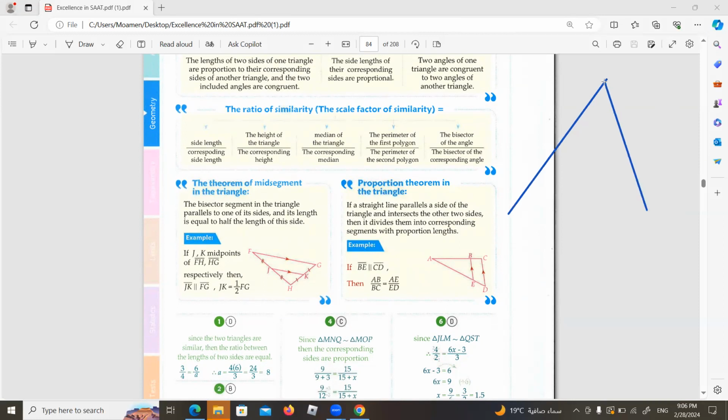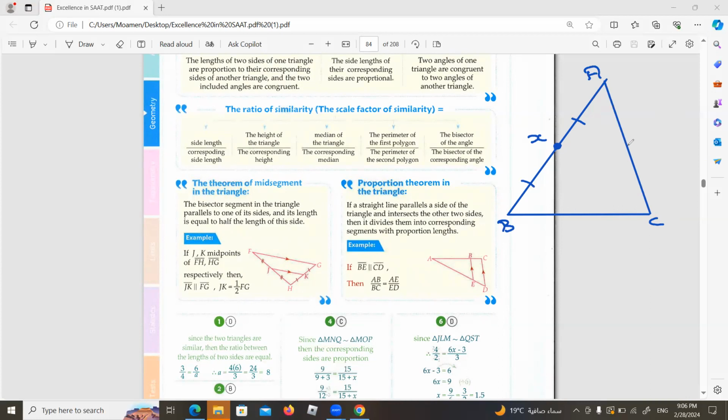So I just draw a triangle like this. We're going to this triangle and I get the midpoint of the side AB. So I just write a point here, and this is the midpoint. I name it X, the midpoint of AB. It means AX equals BX.